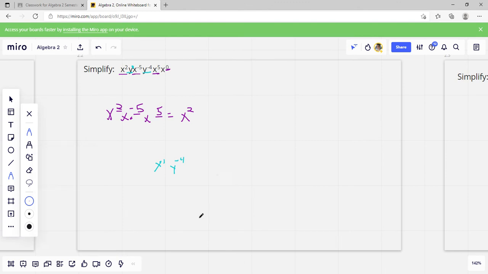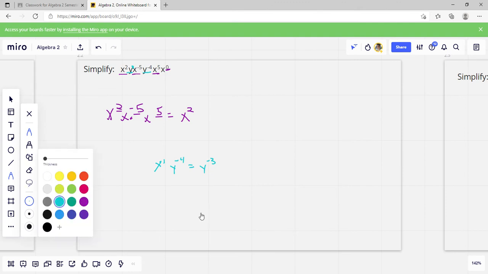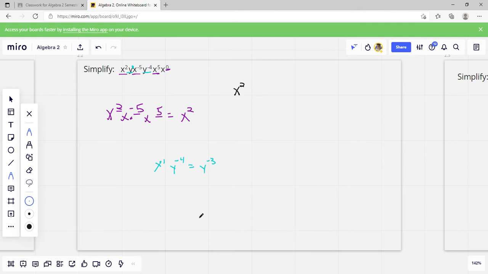Alright, so if I've got y to the 1 and y to the negative 4, that's going to be y to the negative 3. 1 plus negative 4 is negative 3. So my answer is going to be x squared y to the negative 3. Right? Because I can't combine those, the bases aren't the same. Alright, so you only add like bases.